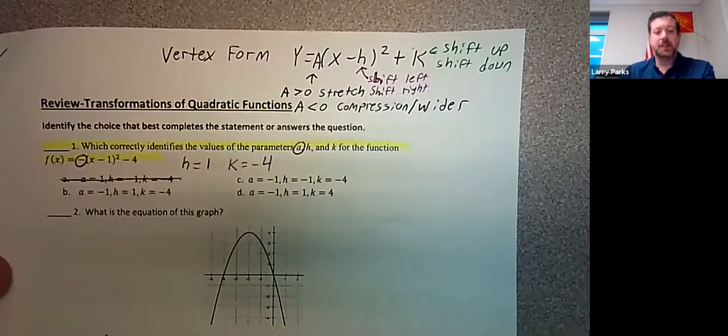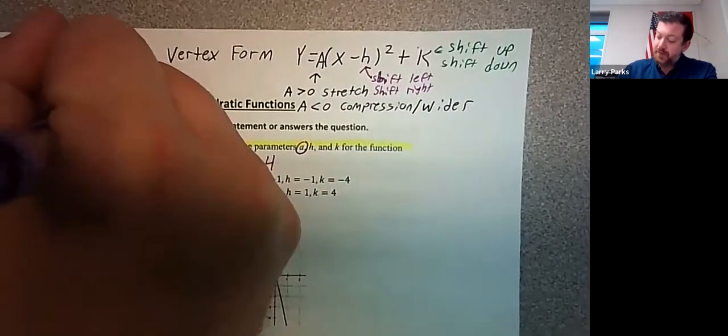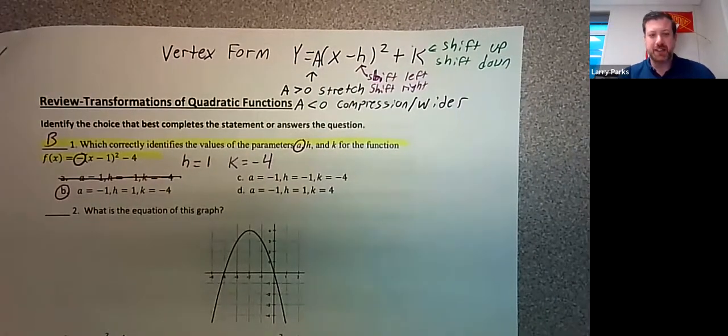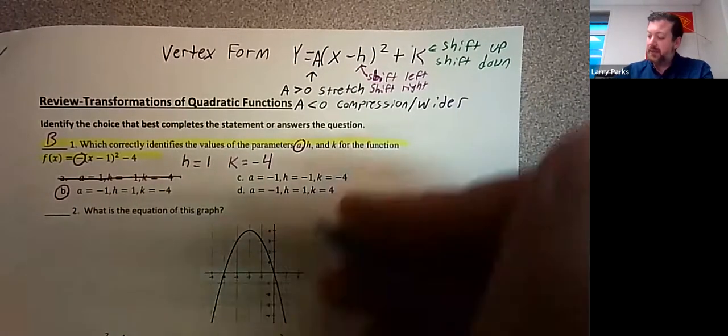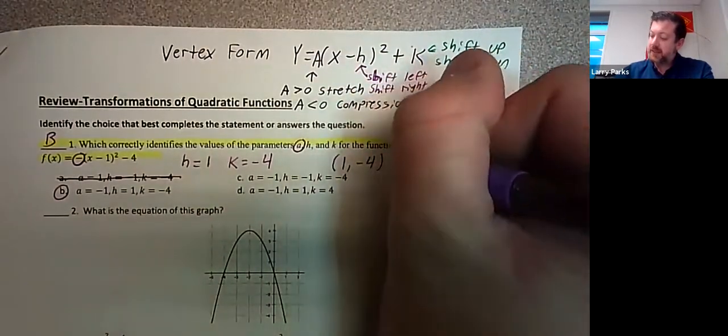So A is -1, H is 1, K is -4. That looks like it's B. What's interesting about this is that H, K is the vertex. So 1, -4 is the vertex.